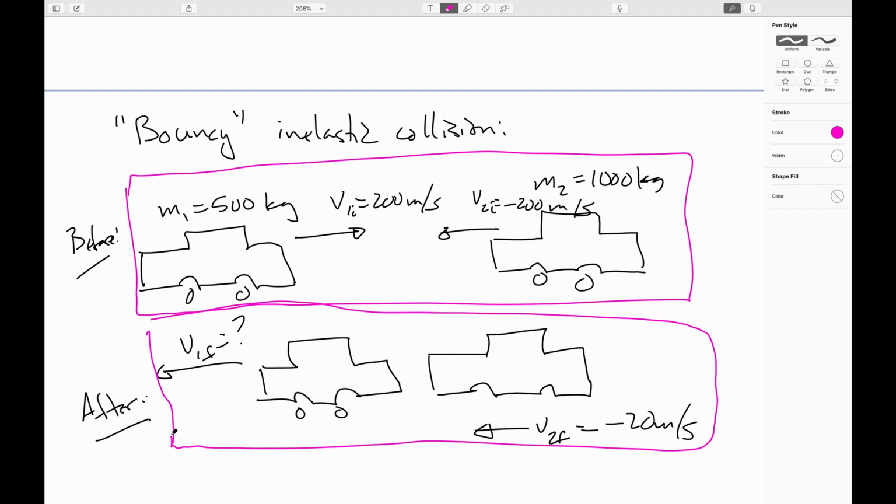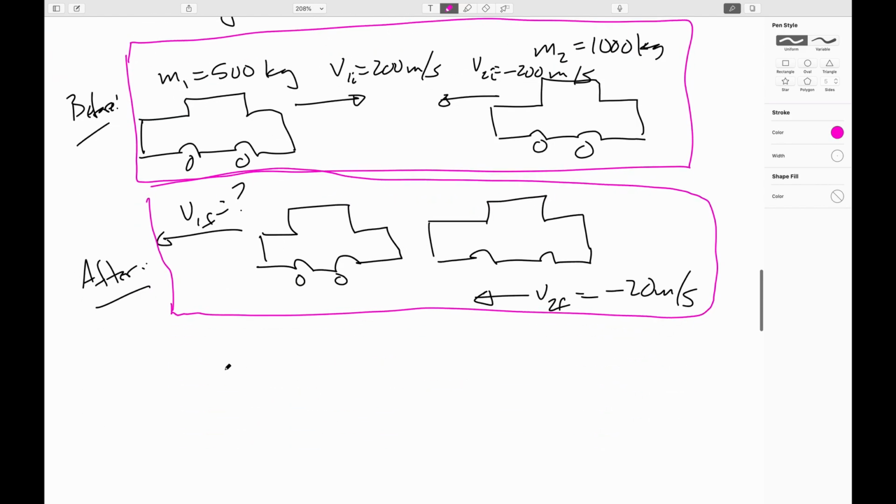And again, we have normal forces up and gravity down. And again, they cancel. And so the systems are isolated because the net force on the system is 0. So since the system is isolated, we can just say that the total momentum final, I'll just write P final, equals P initial.